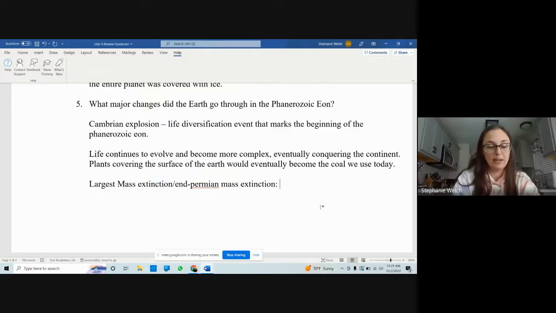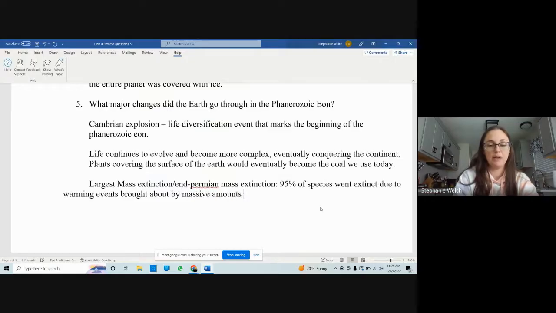And this is when 95% of marine species, actually 95% of species generally on Earth, went extinct due to these different warming events brought about by massive amounts of volcanic activity.